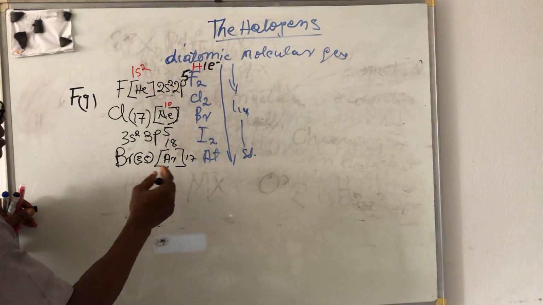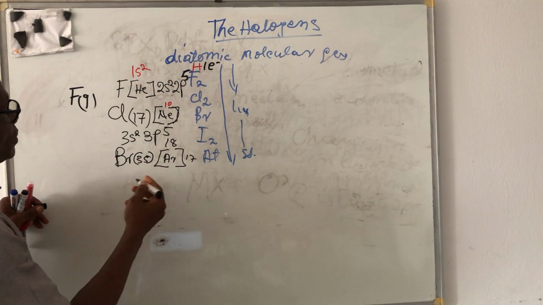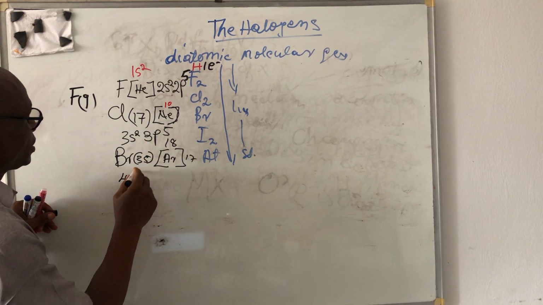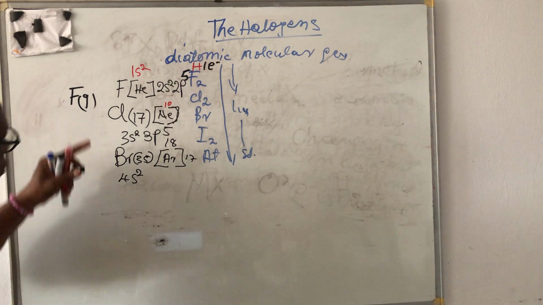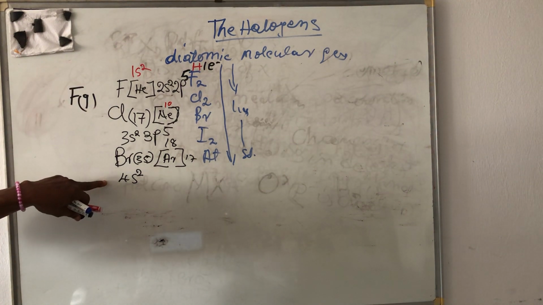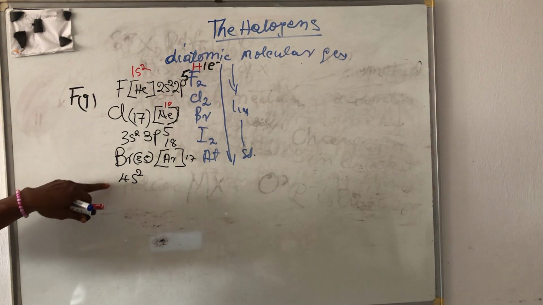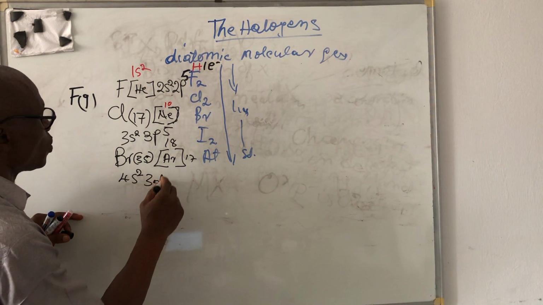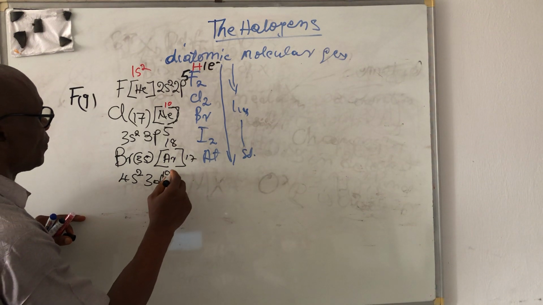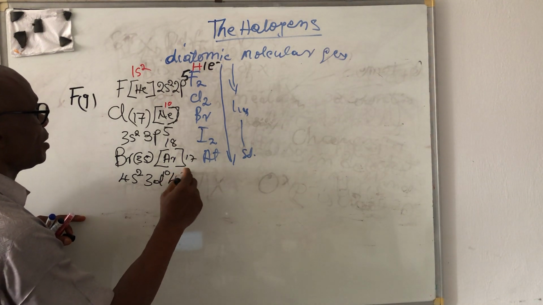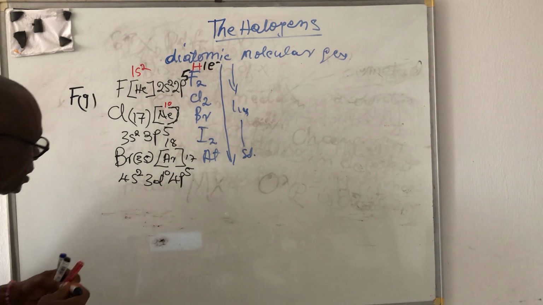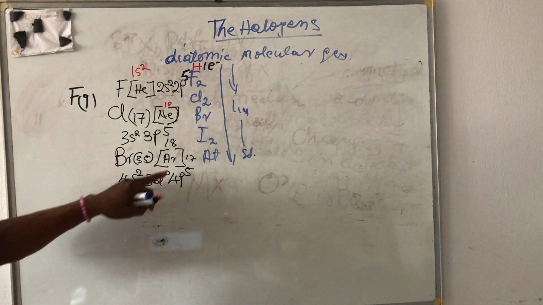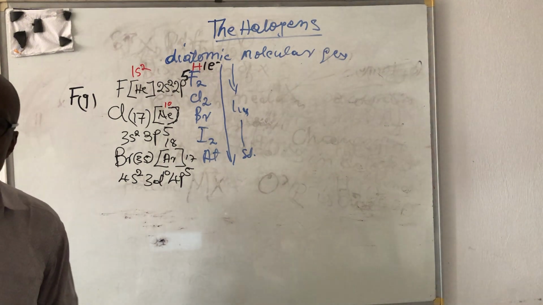And you ask yourself, how do we get 17 across? You have 4s2, and because you have come down to the fourth period, you expect that the 3d will come in there, and you have the 4p5. That is the electronic configuration of bromine bearing the argon core.